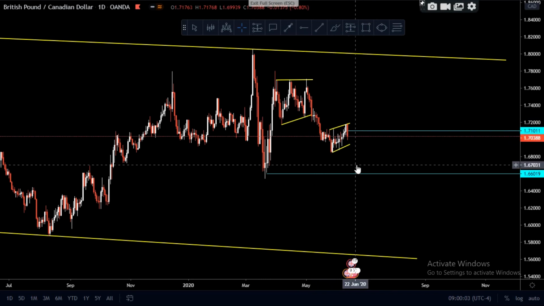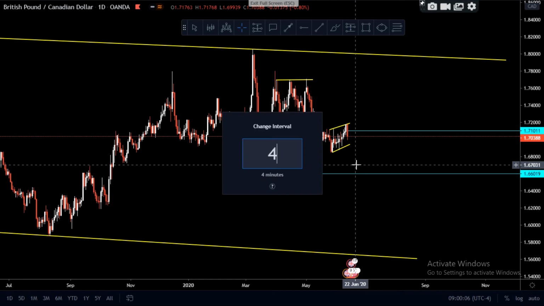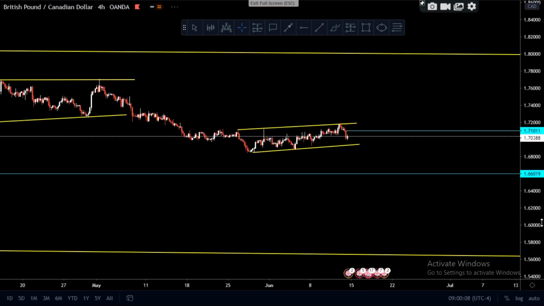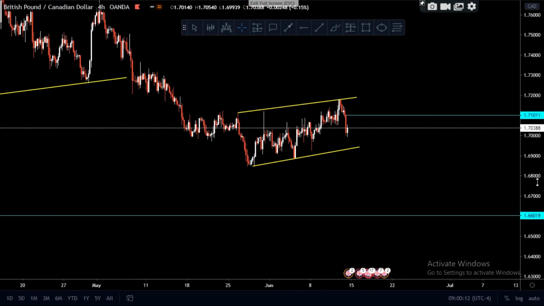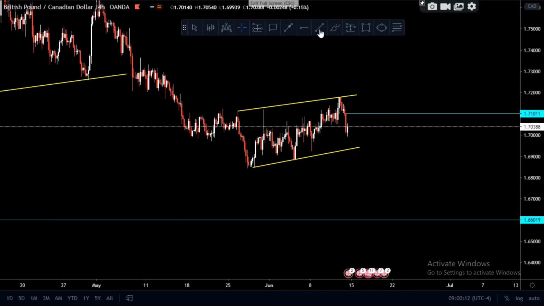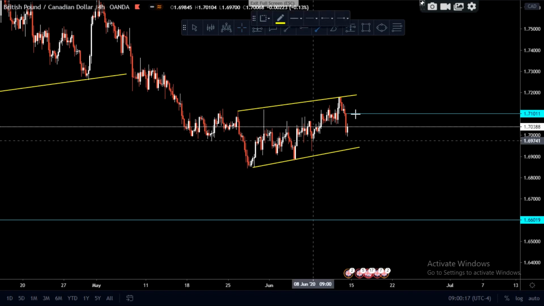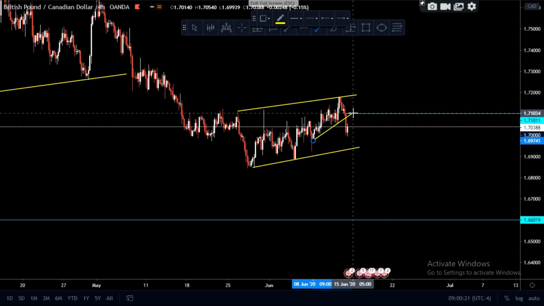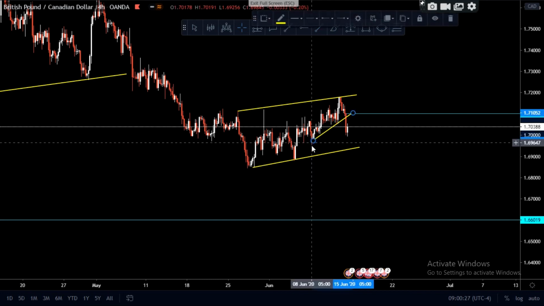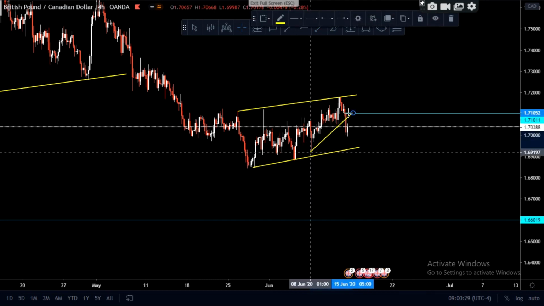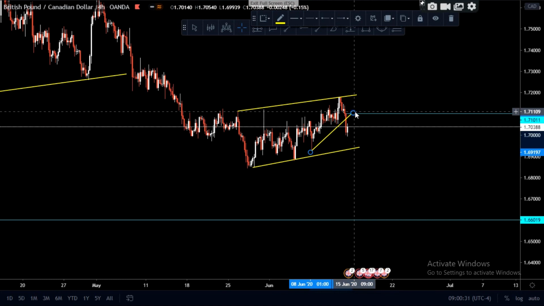So let's come to the 4 hour. There is a reason why I have this horizontal ray there. Some people might have something of this nature, or some might even have something of this nature, but it's still the same thing.